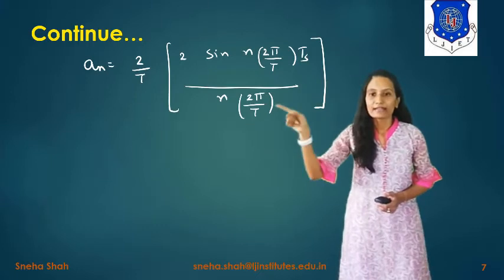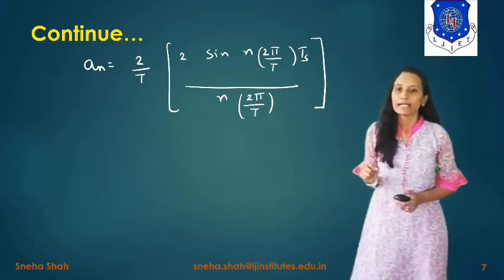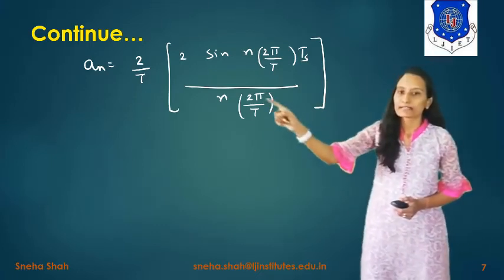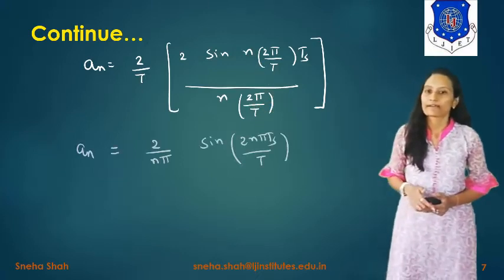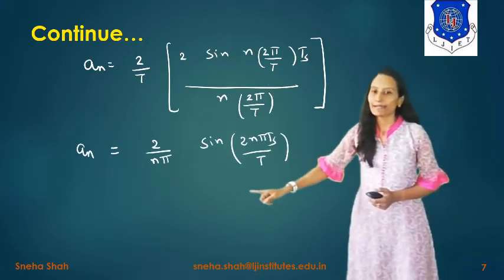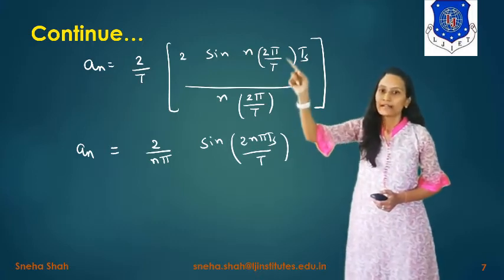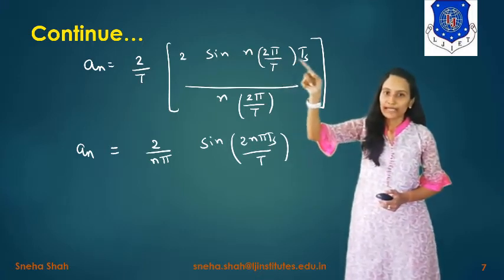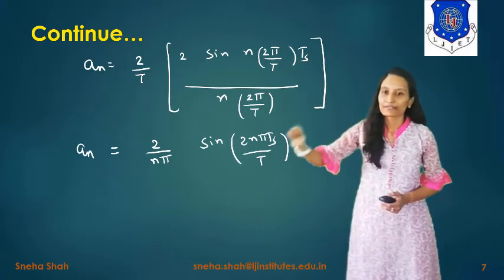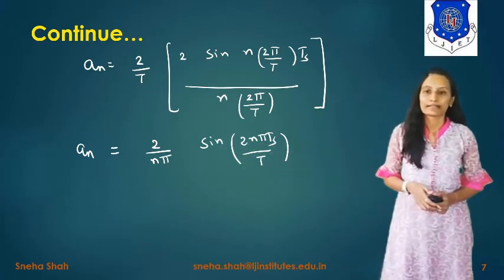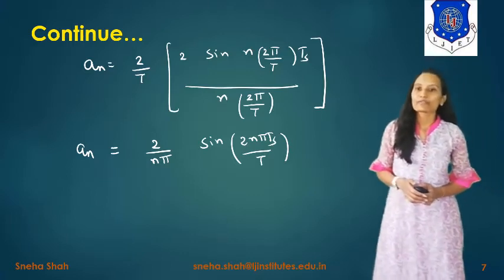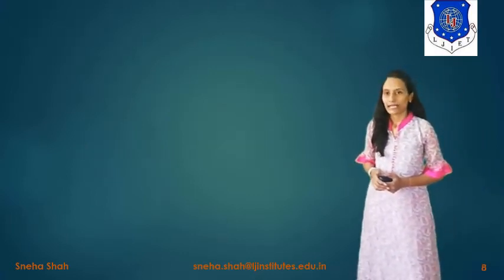Divided by n into 2 pi by capital T. Now if I simplify this, T will be cancelled out and this 2 will be cancelled out. So the final answer will be 2 upon n pi sin n into 2 pi into Ts by capital T. So the final term will be sin 2n pi Ts divided by capital T. So this way we can find out the value of a0 and an.